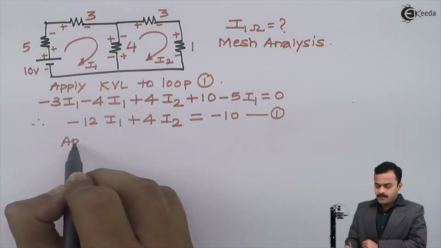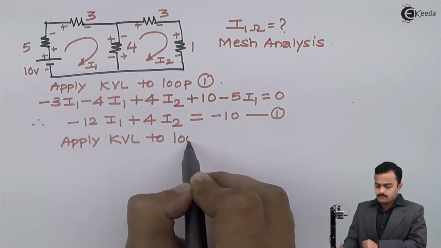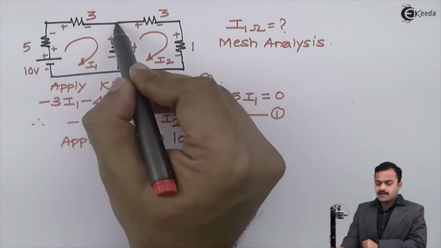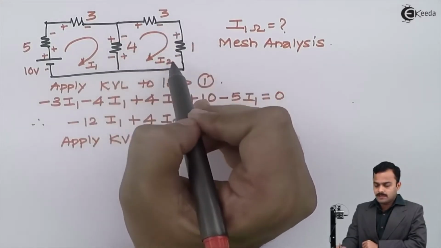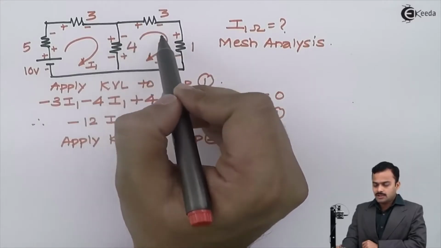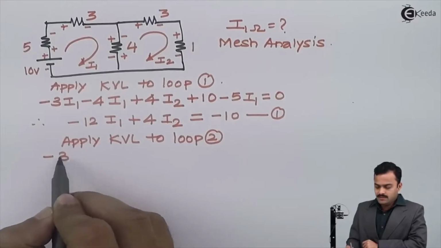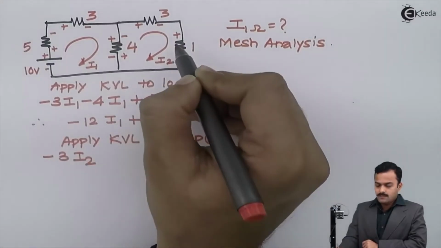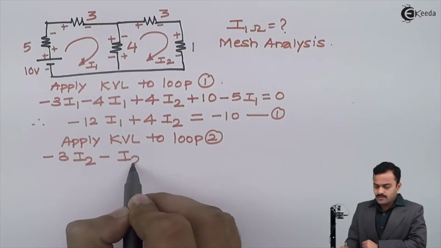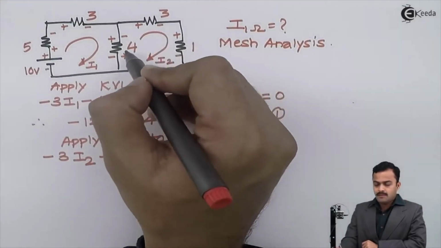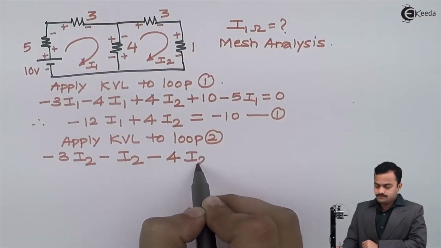Similarly, I will apply KVL to loop 2. I will start from this point and will come back to the same point after tracing this path. So in this path, in the direction of current, this is a voltage drop. So it's minus 3I2, plus minus 1I2. So I'll mention just minus I2, plus minus again a voltage drop, minus 4I2.